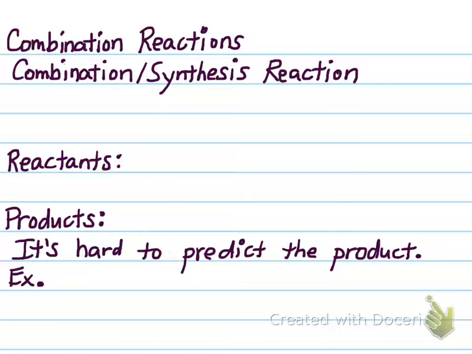So we're going to start by talking about combination reactions. Again, your textbook calls it combination. The ChemQuest we did called it synthesis. I don't really care too much which one you call it, okay? They're the same thing.